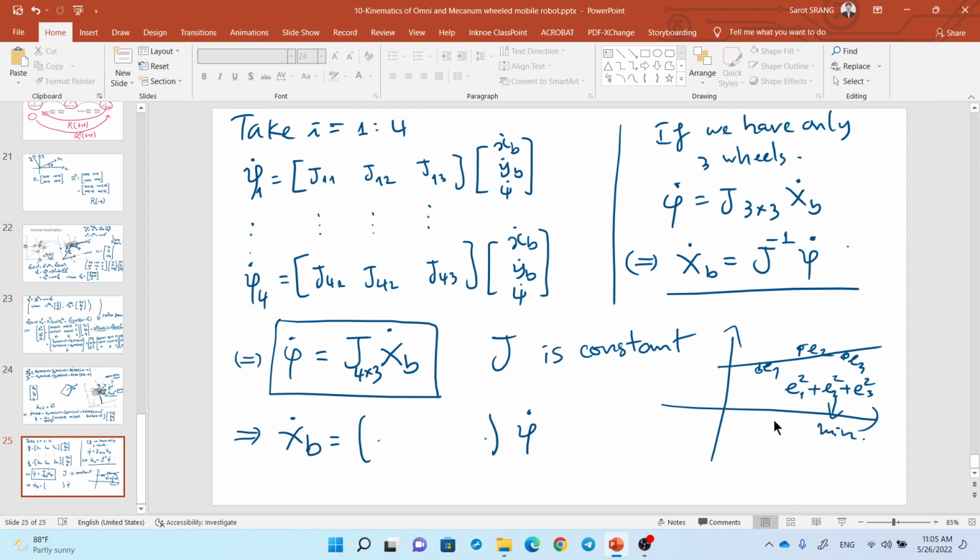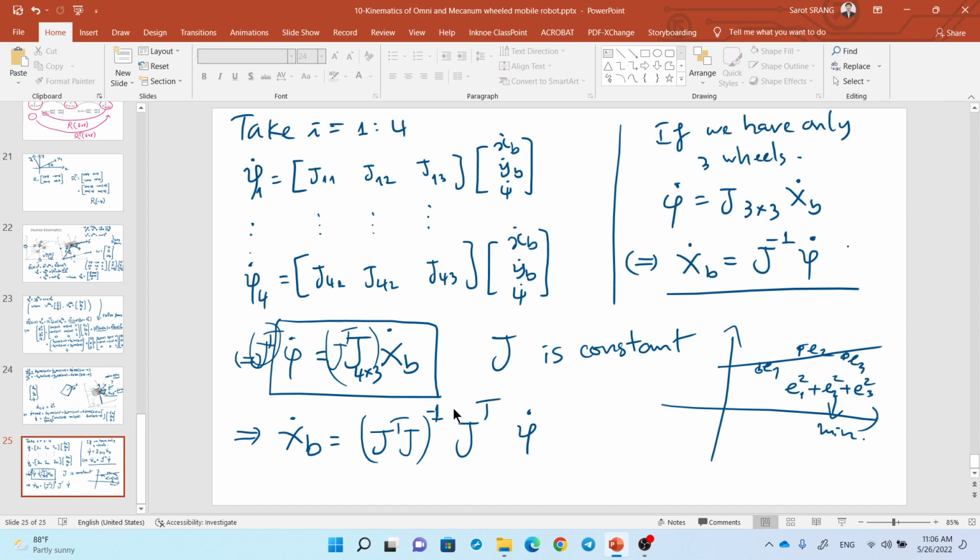Least square of a tall matrix will be, yeah, actually you can find it like this. You multiply J transpose here and then J transpose here, then you can have the inverse of this one. So J transpose J here, inverse, and then you can have this one, J transpose.